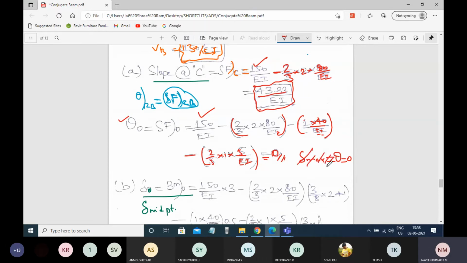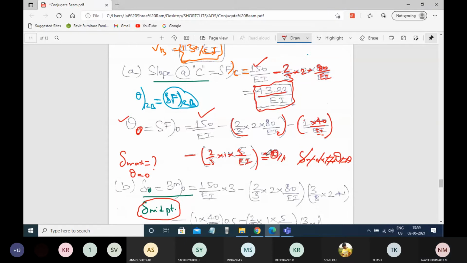We assumed that wherever you have delta max, at that point theta will be equal to 0. So we are finding the maximum delta at the midpoint, and at that same point, theta will be equal to 0.